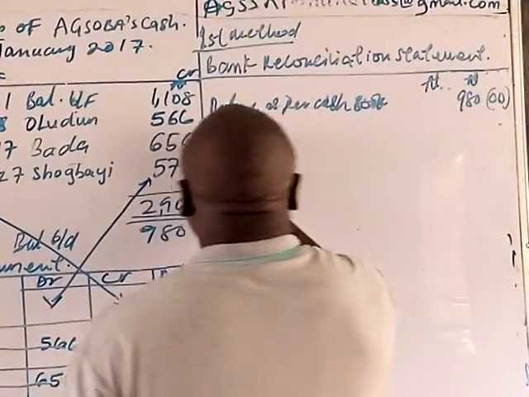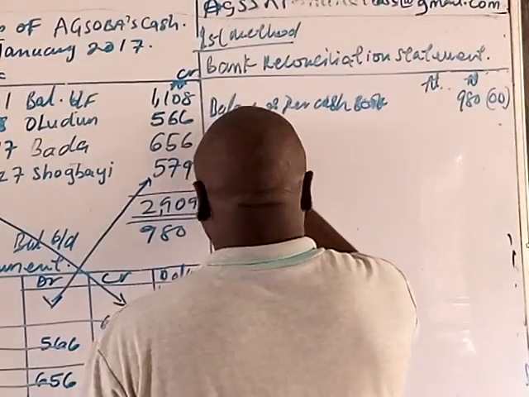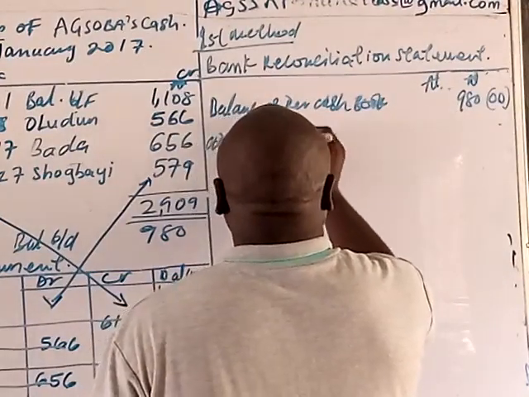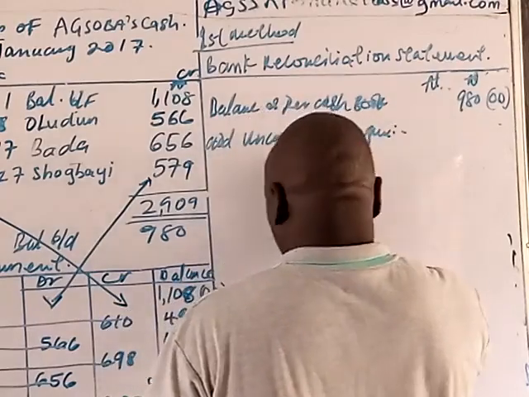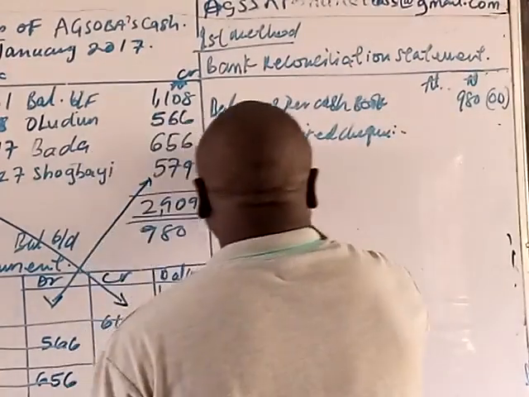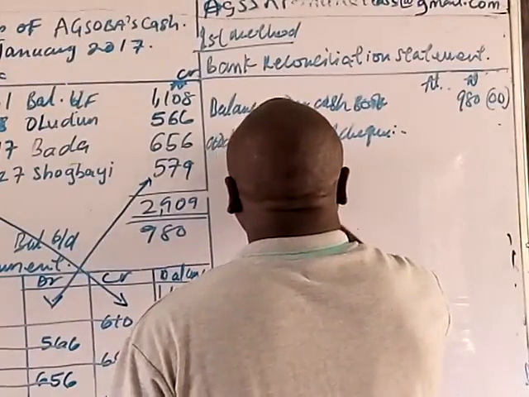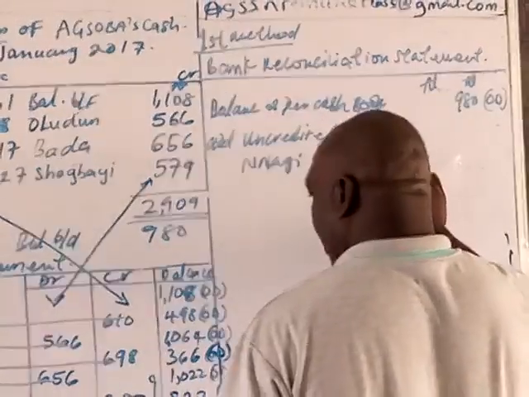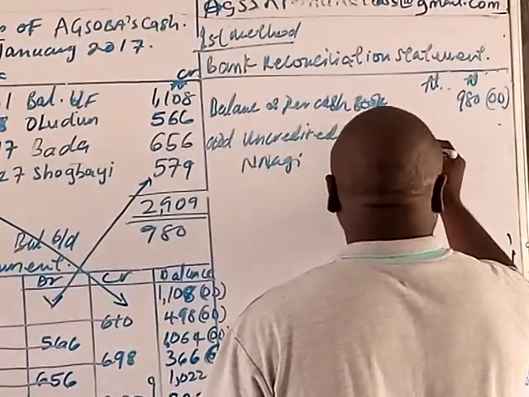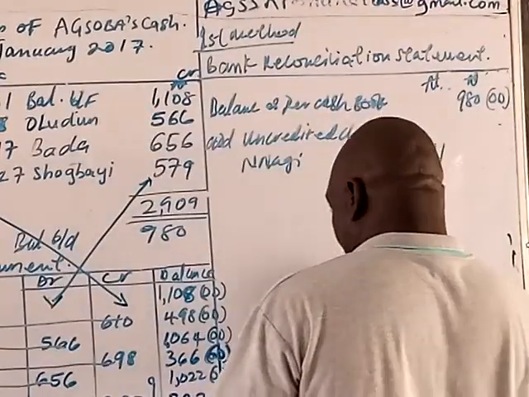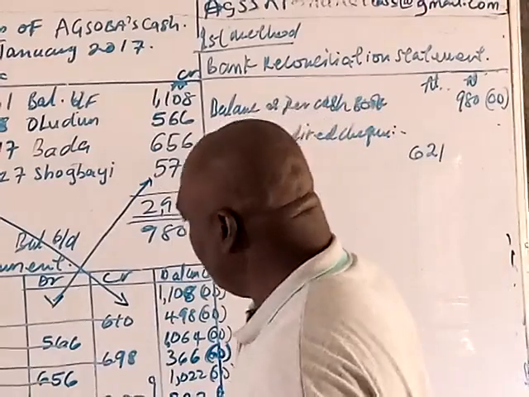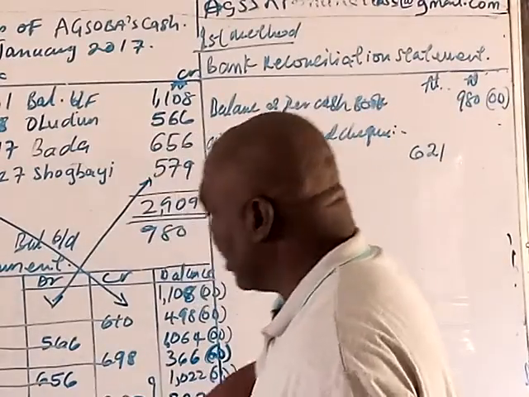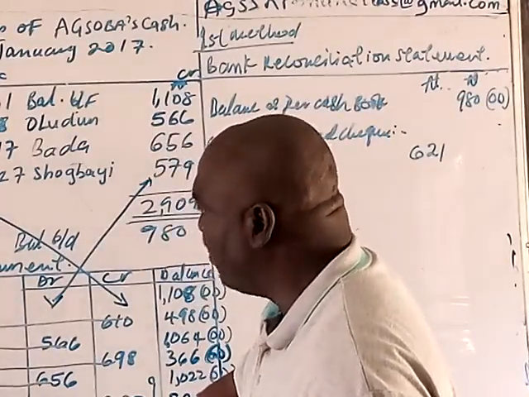Now you have your uncredited check, like I said. Our uncredited check is Nangi. Amount is 621. Then we have, like I said earlier, this one you cannot find here, that you find in the debit side of the bank statement.